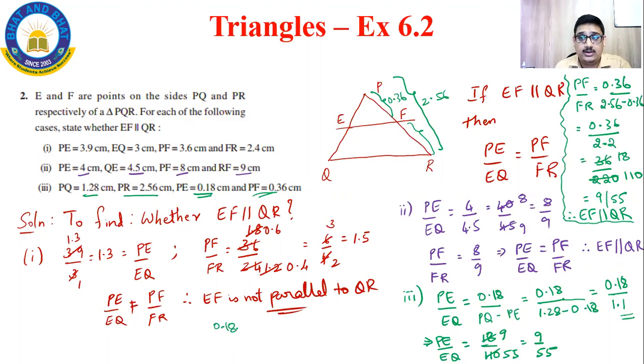How to convert decimal into whole number: you should count how many places are there after the decimal. In the numerator, I have 2 places, whereas in the denominator, I have only 1 place. So I should take the maximum number. Since I have 2 places, I should multiply by 100 as well as divide by 100. See, 0.18 into 100 will give me 18. 1.1 into 100 will give me how much?